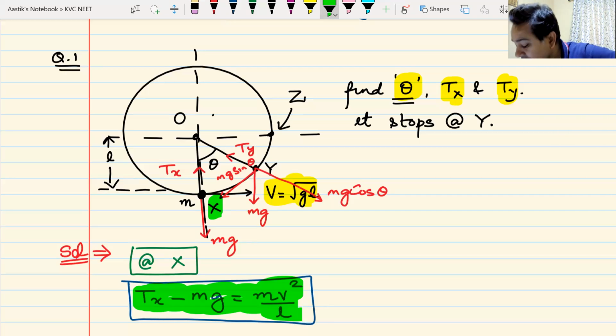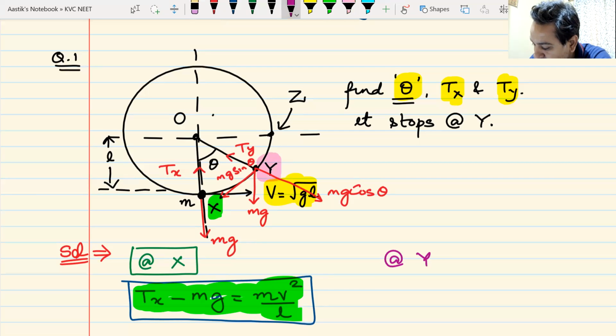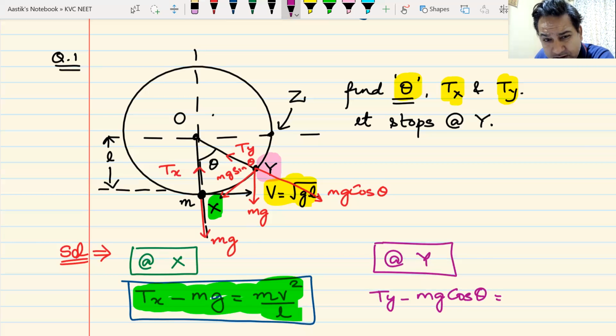Everyone? Great. Let us now write the equation at point Y, the pink one. How will I write the centripetal equation at point Y? The inward force is Ty, tension at Y, minus mg cos theta, equal to m into v square by r.